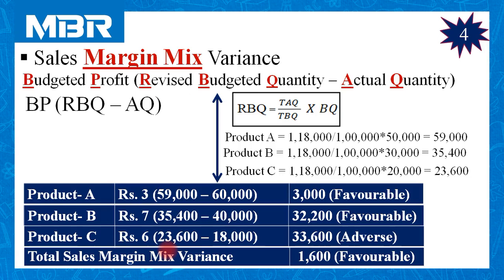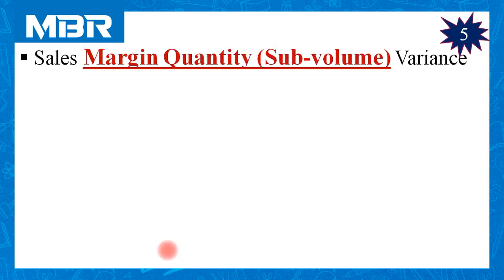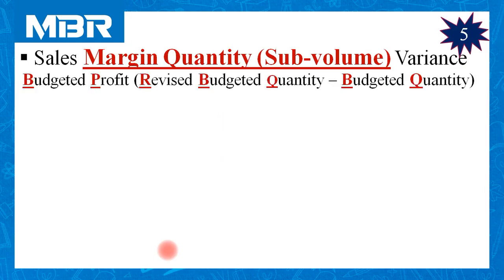Let us move to the fifth and last variance. It is sales margin quantity or sub volume variance. Budgeted profit into bracket revised budgeted quantity minus budgeted quantity.